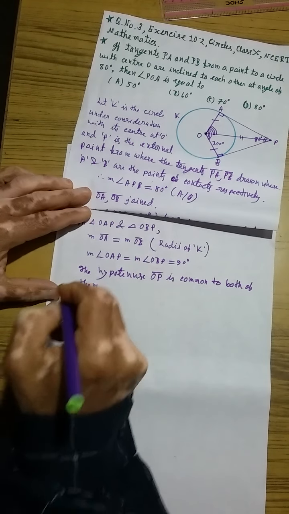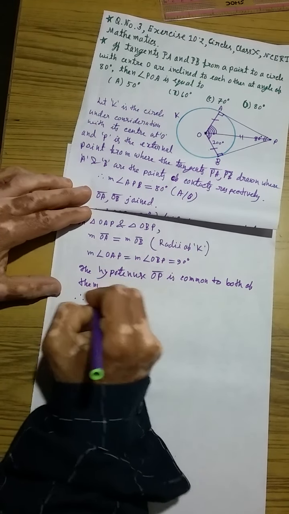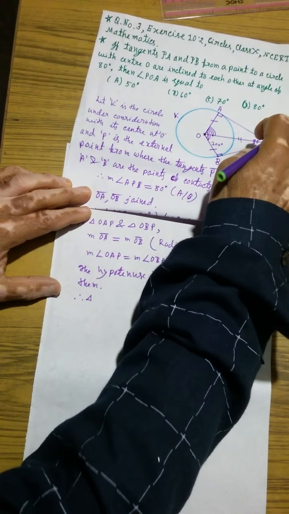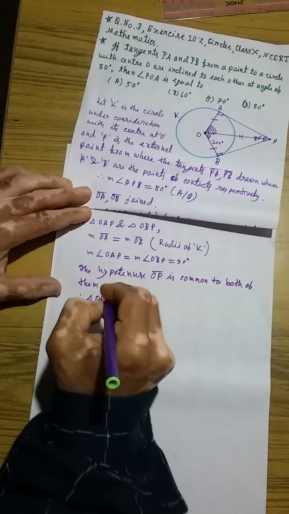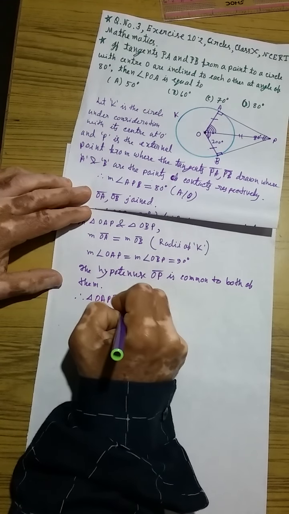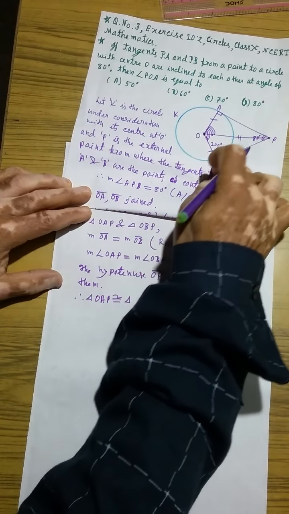Therefore, triangle OAP is congruent to triangle OBP.